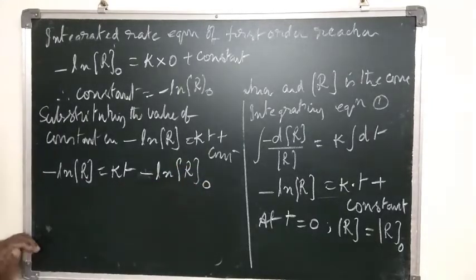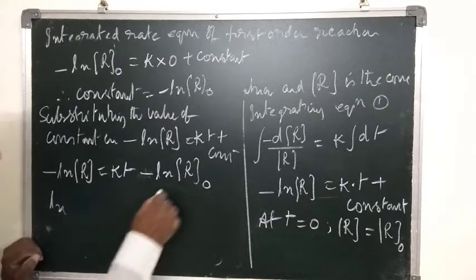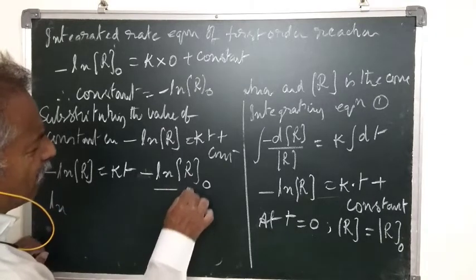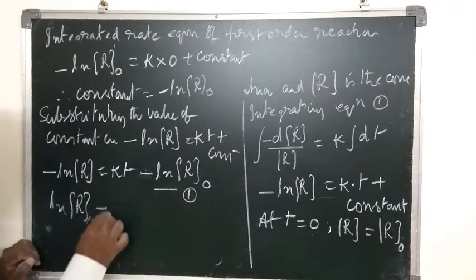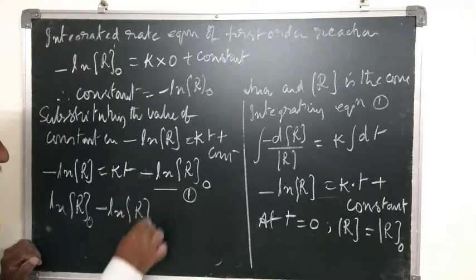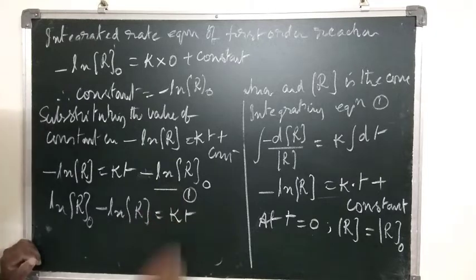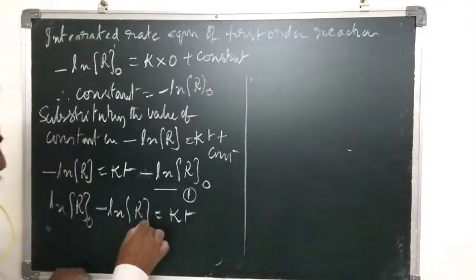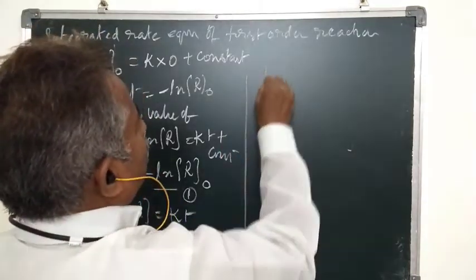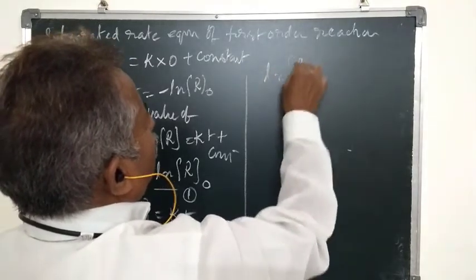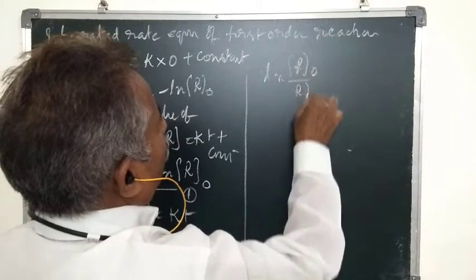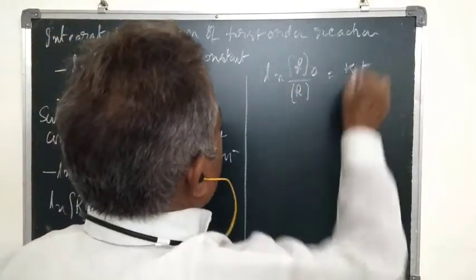So bring this to this side: ln R0 minus ln R is equal to kt. So this can be written as kt equal to ln R0 by R.